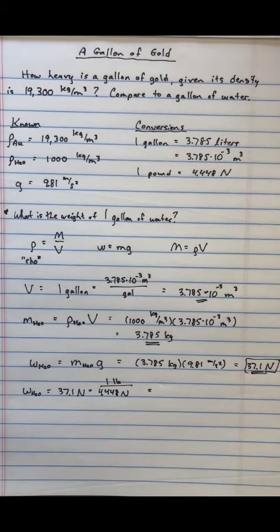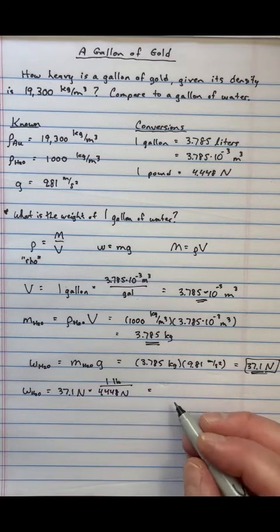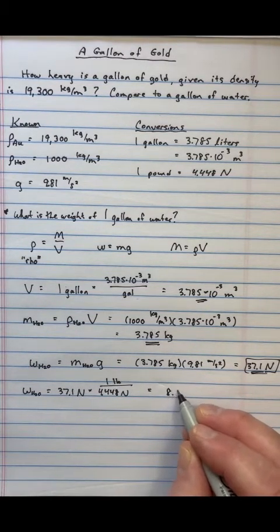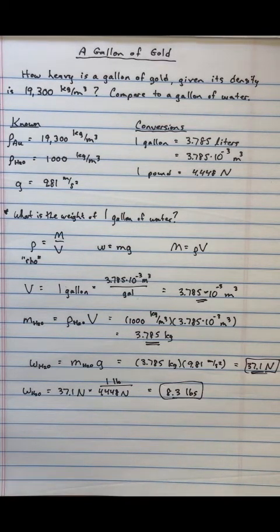So roughly 4.5 newtons per pound, right? Set up this way so my newtons cancel and I'm left with pounds. And I end up with, and I'm going to round off this answer here, 8.3 pounds. So this gives you a reasonable idea. If you get a gallon of milk at the store, that's about 8 pounds worth of milk. That's what it means.